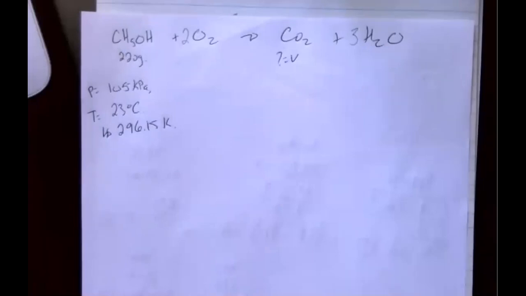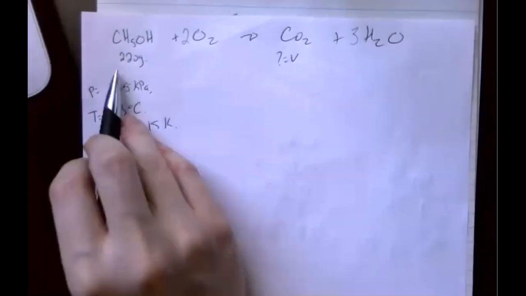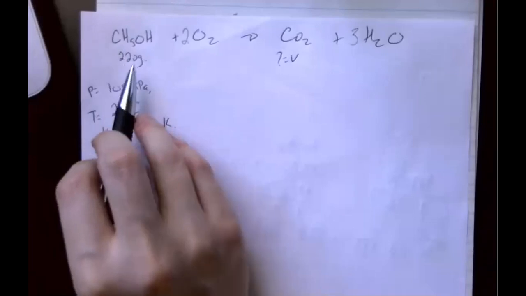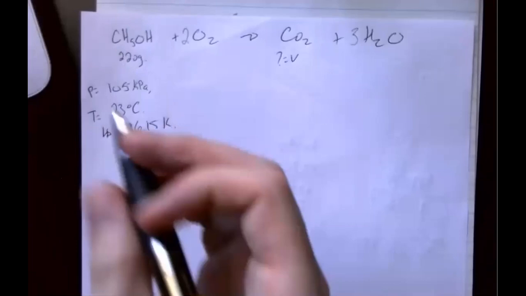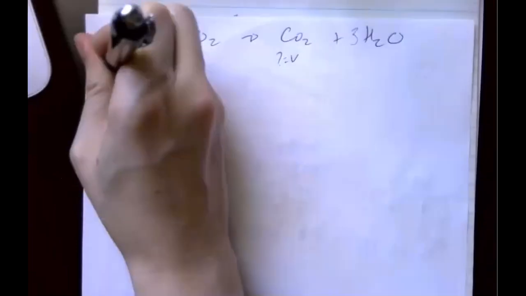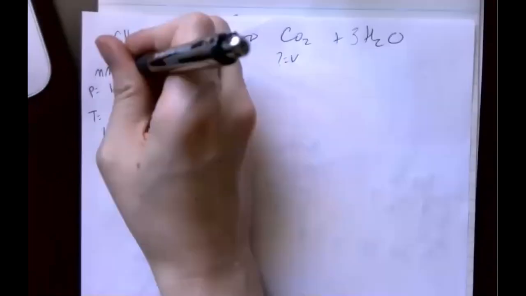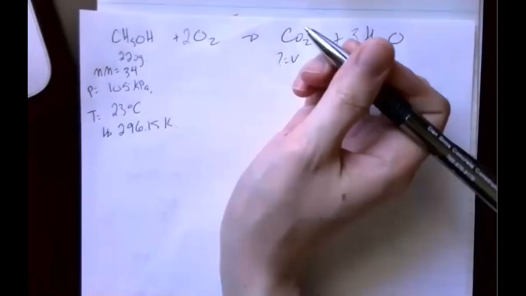So that's what the balanced chemical reaction looks like. The next thing that I'm going to see is that I was given the mass of something. Anytime that I'm given the mass of something, it means that I can convert it to moles using moles equals mass over molar mass. So my next step is going to be to figure out what the molar mass of my hydrocarbon is. So I'm going to take the 12 for the carbon plus 16 for the oxygen plus 6 for all of the hydrogens, and I get 34 as my molar mass.